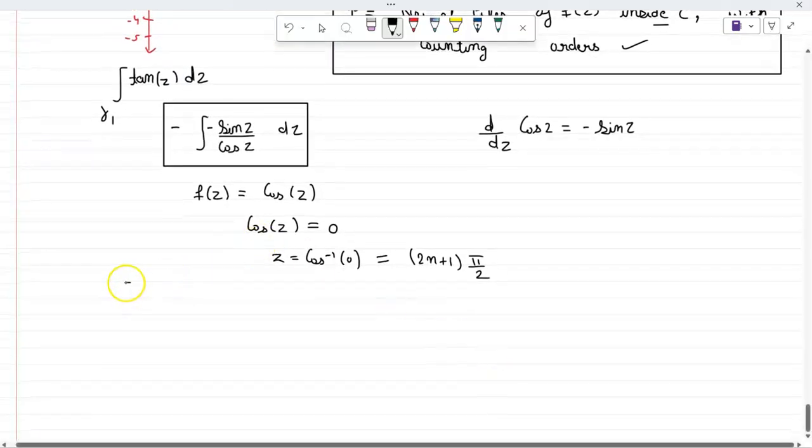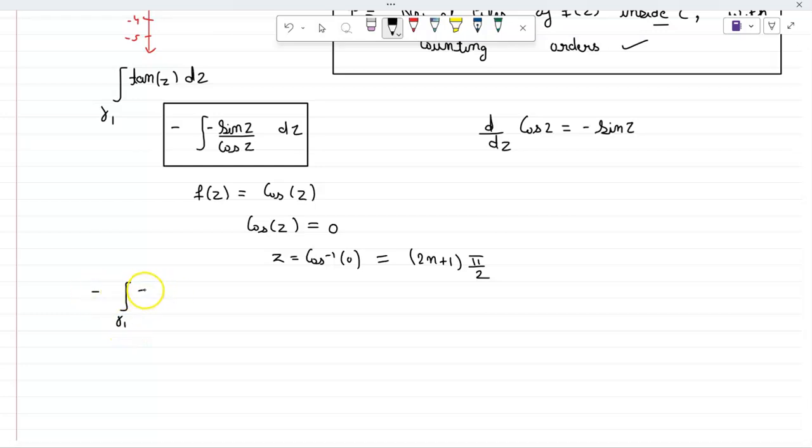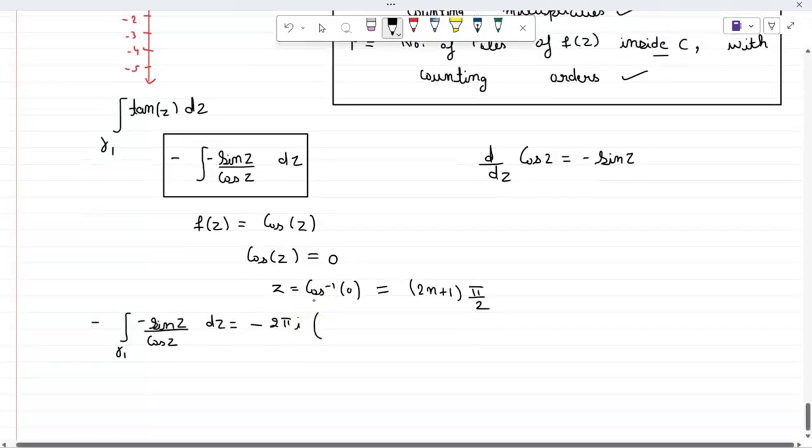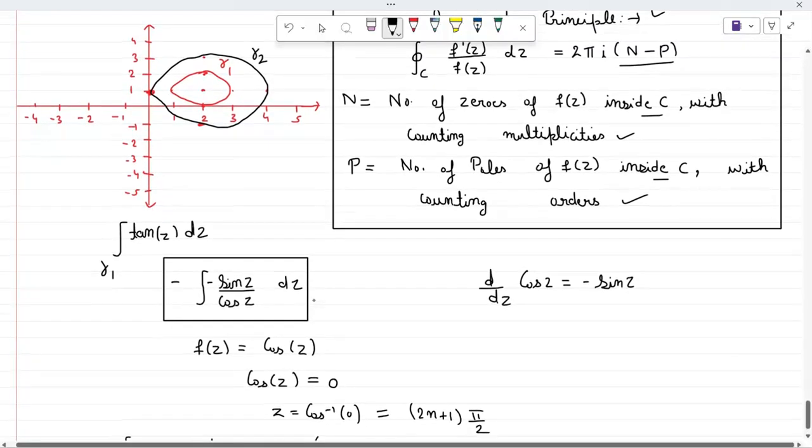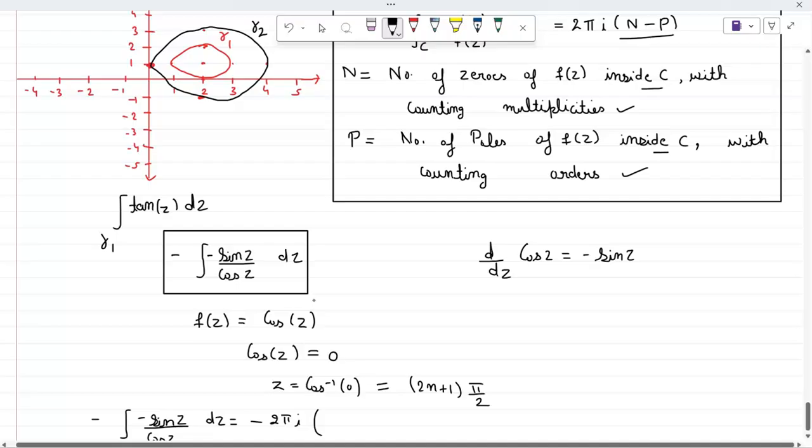So let's calculate for gamma 1. The integral over gamma 1 of minus sine z upon cos z dz is equal to minus 2 pi iota times the number of zeros of cos z that lie inside C, which means inside gamma 1.